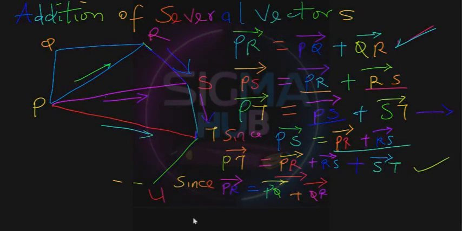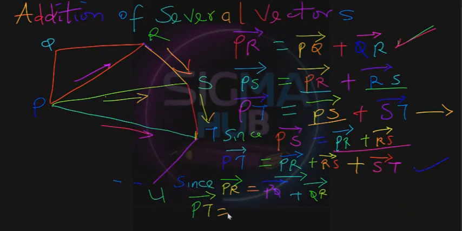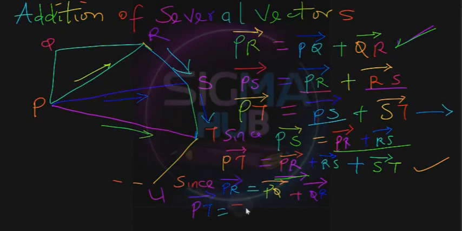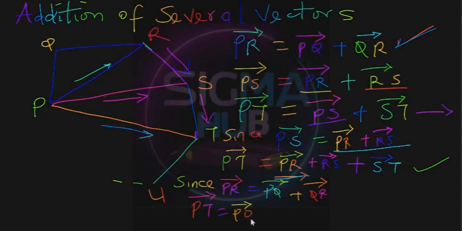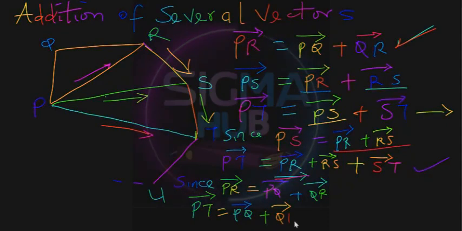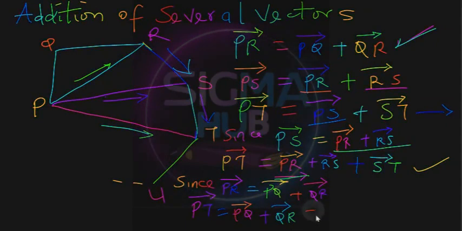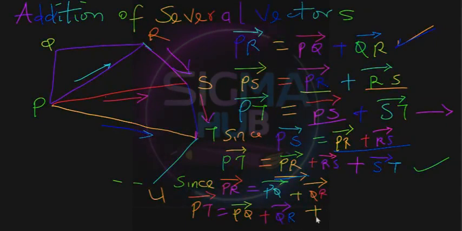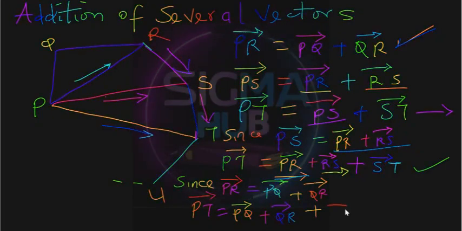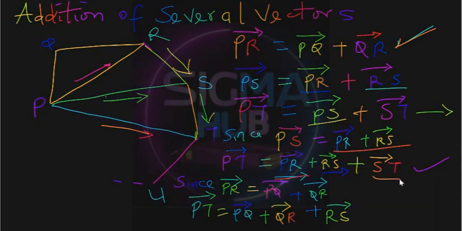Else we have PT equal to, so instead of using PR here, we're going to use PQ plus QR, then plus RS, which is here, then lastly plus ST.